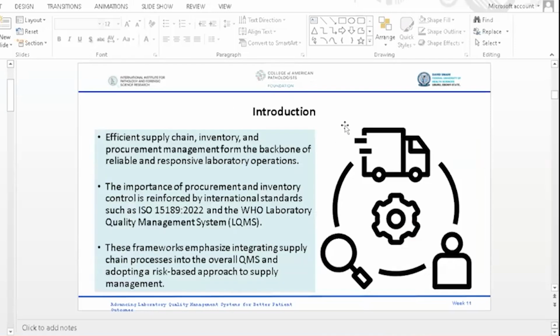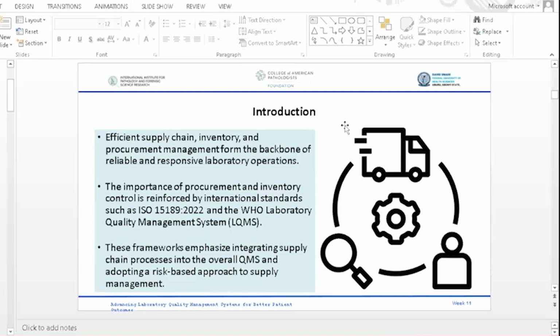All right, so let's move on. Introduction. I will start by saying that efficient supply chain, inventory and procurement management forms the backbone of reliable and responsive laboratory operations.